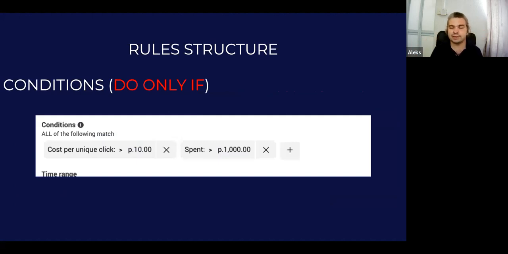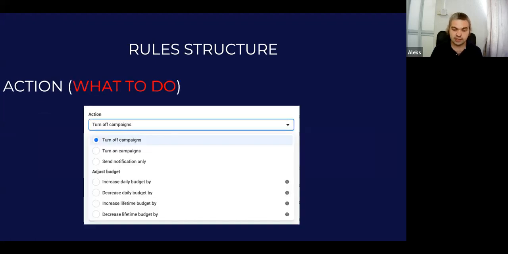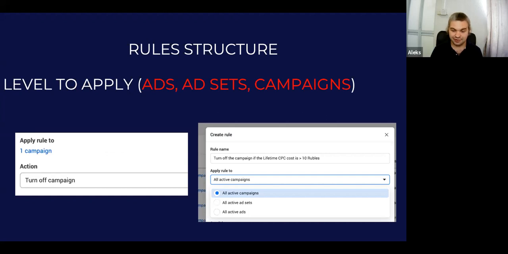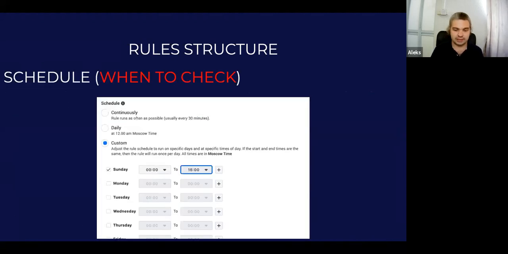So basically you tell the system how to evaluate this value, based on which the condition will be making a decision whether to perform the action or not for this given level, which is ad set, ad campaign, maybe even ad account, right? A lot of ways we can do it.